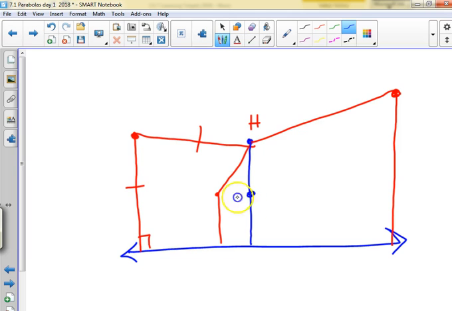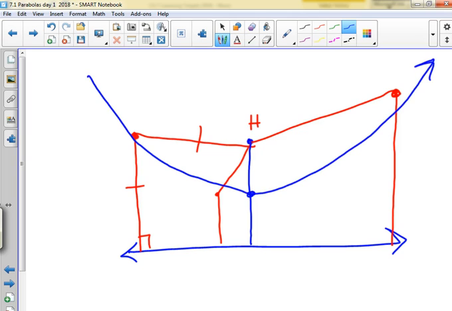Smack dab in the middle. All of these points would make a parabola. But all of the points on a parabola, the locus, the definition is, are equidistant from, what is this point called right here?